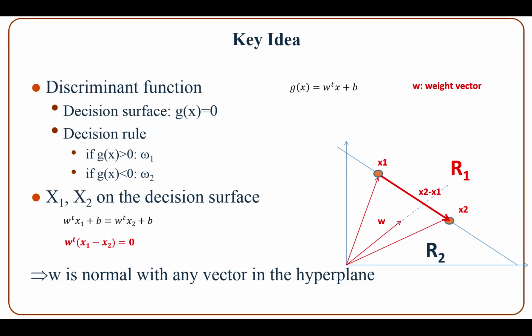If 2 points x1 and x2 are on the decision surface, then we have this, and then we get w transpose times x1 minus x2 equal to 0. Here it means that w is normal to any vector in the hyperplane.